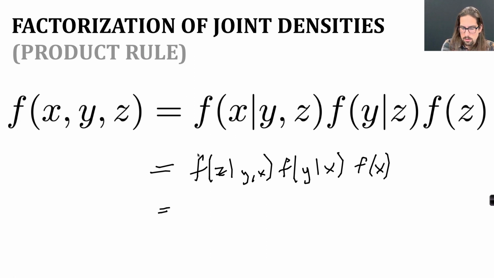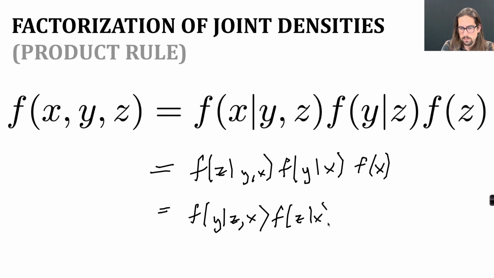And so to get back to my point here, you can factorize this in different orders. I could have put this like this, z and x. Here, let's say here. Okay, so hopefully you're seeing the pattern again.